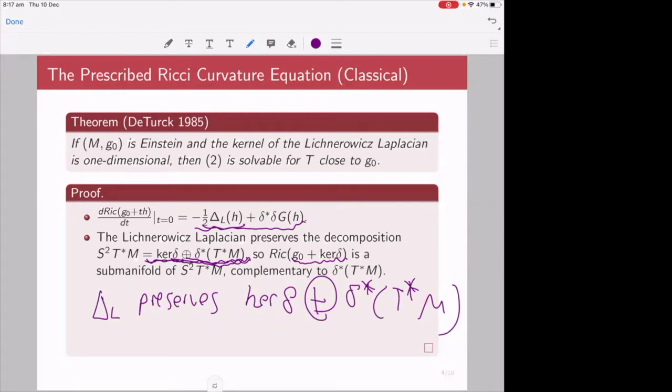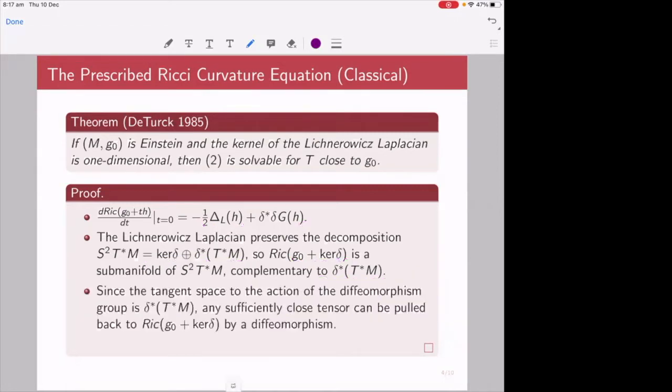It's a Banach submanifold, and its tangent space happens to be complementary to the image of delta star. Now, why is that so useful to note? Because delta star, that's precisely the tangent space of the action of the diffeomorphism group.